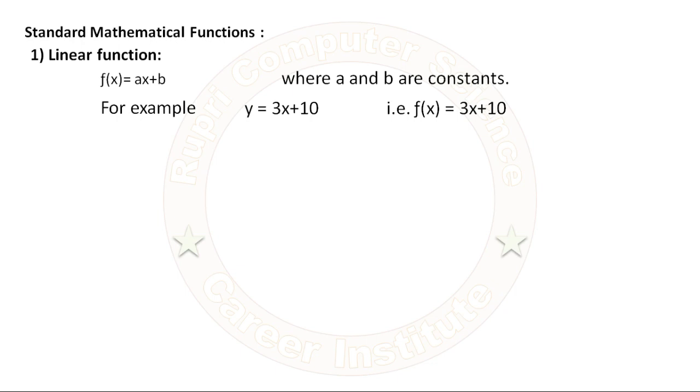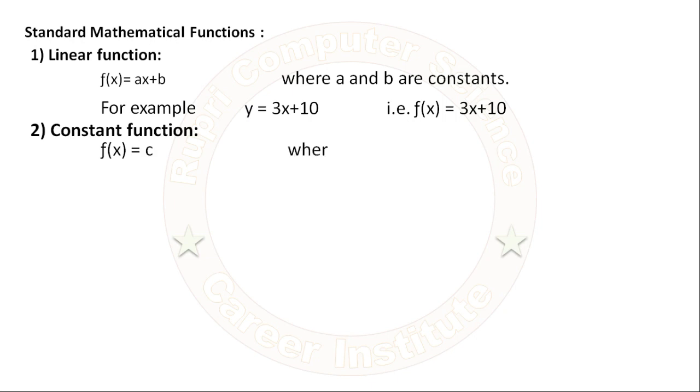Now we learn the second function, that is the constant function. f(x) is equal to c, where c is a constant. For example, y is equal to f(x) is equal to 2.